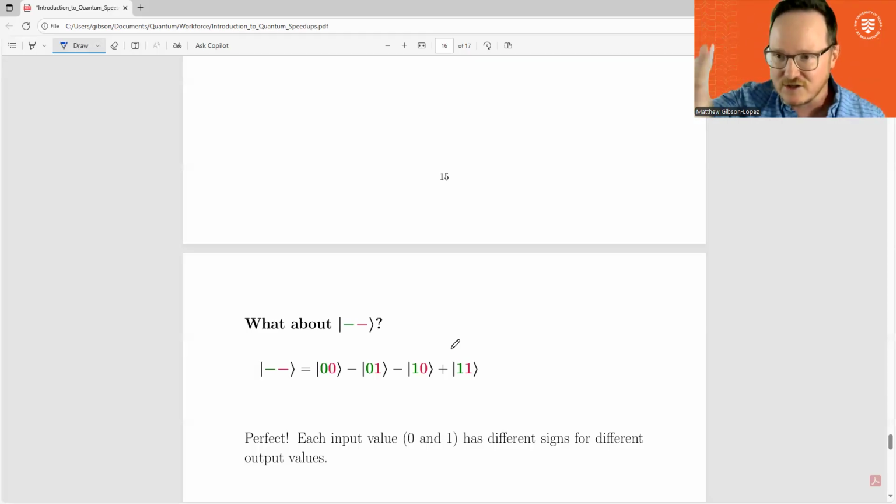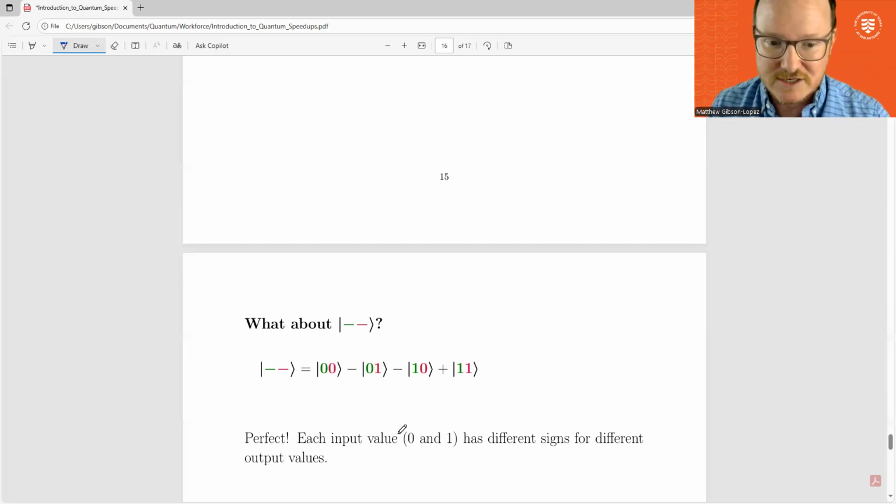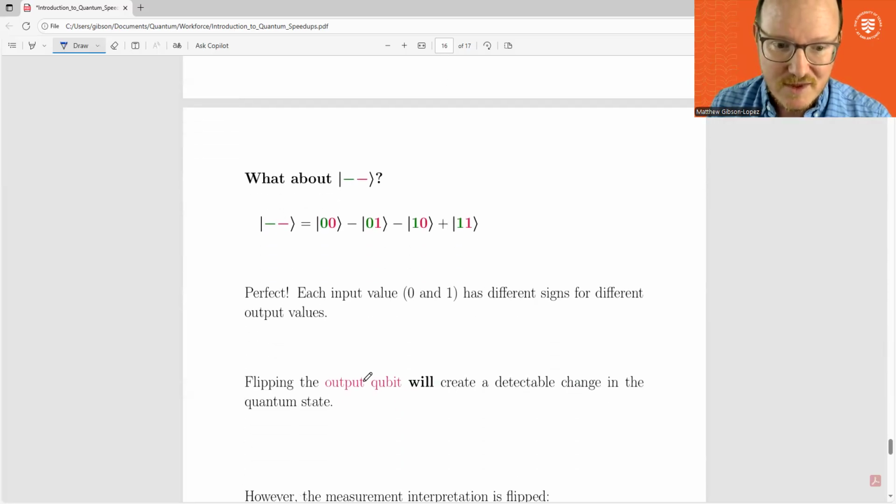You have different signs assigned to the same input qubit, so that when you flip them, you are actually changing the state. Now the state will be the same or different depending on the function evaluation and the way the oracle works here. So flipping the output will create a detectable change in the quantum state.